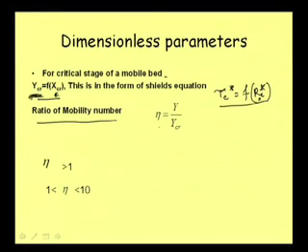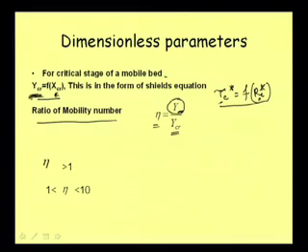And without going into much detail, we can write the ratio, the mobility number, say eta, is equal to y by y critical. That means, for a particular velocity and a particular combination of all these parameters, tau c star, we calculate the mobility number.